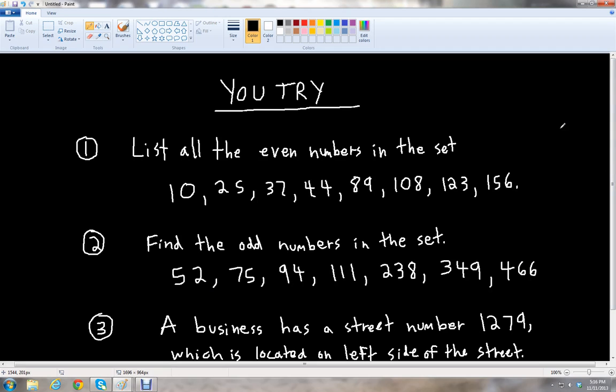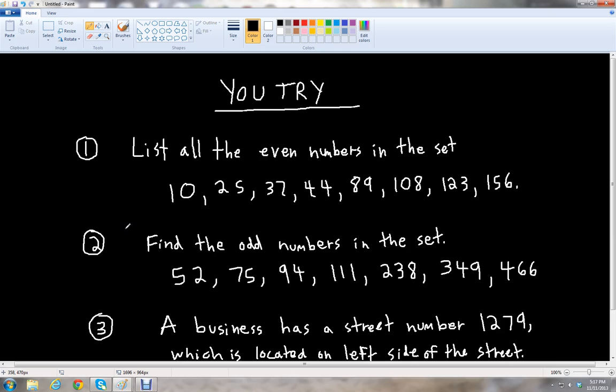Okay, so we have 3 problems you can try here on your own. The first problem says to list all the even numbers in this set: 10, 25, 37, 44, 89, 108, 123, and 156.